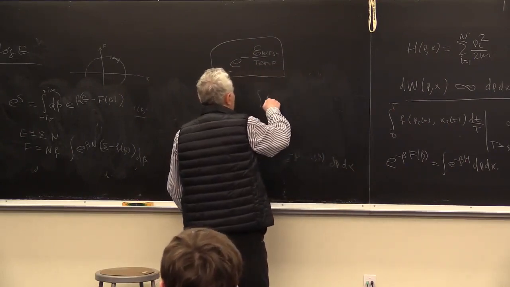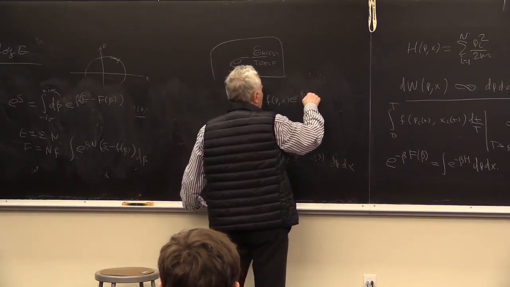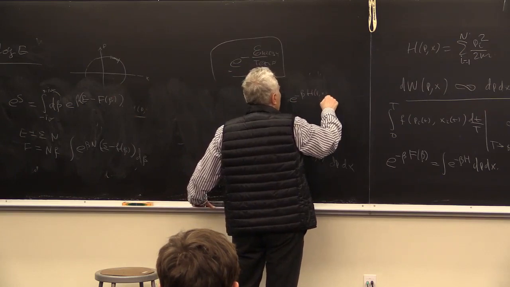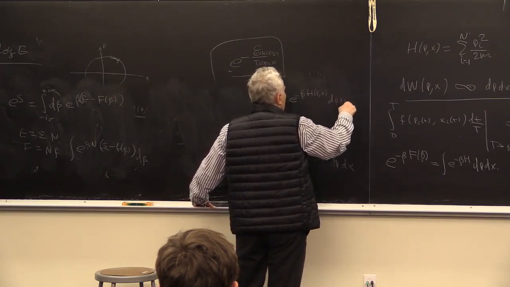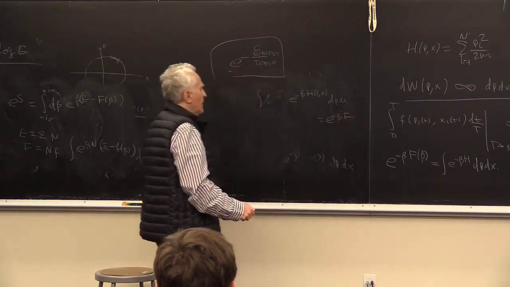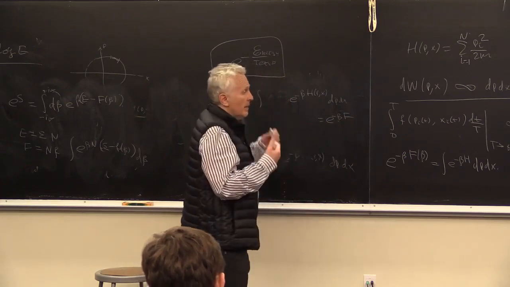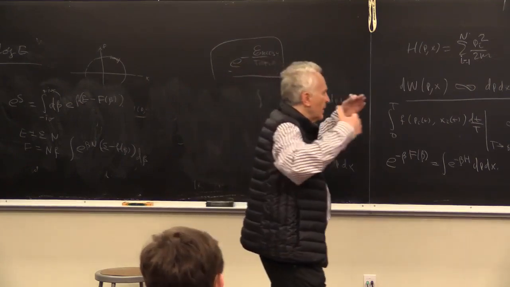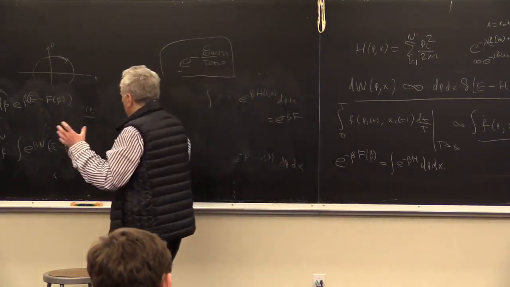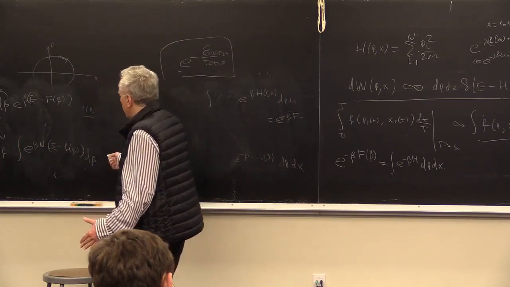So we simply now want to know what is e to the, well, we actually just said that, we call this e to the minus beta f. F is called free energy, because one reproduces thermodynamics. One identifies all these quantities with thermodynamical quantities, and they satisfy the same equations.